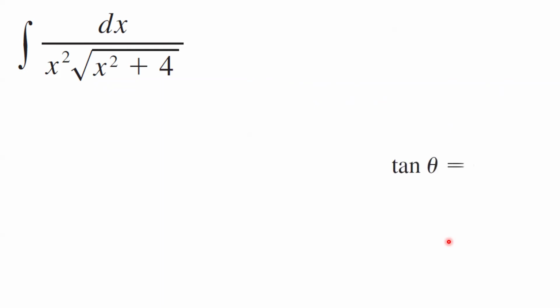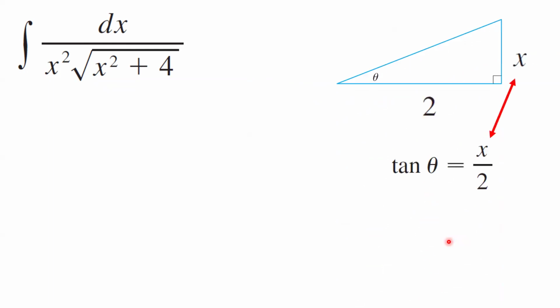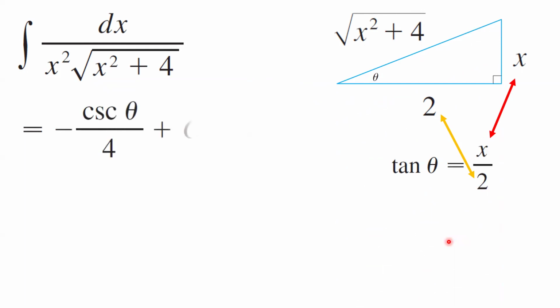Again, remember that tangent theta is x divided by 2, and in the right triangle, here you have your x, down here you have your 2, and the hypotenuse is the square root of x squared plus 2 squared, or x squared plus 4. So since our integral became negative cosecant theta divided by 4 plus c, cosecant can be written as the square root of x squared plus 4 divided by x.